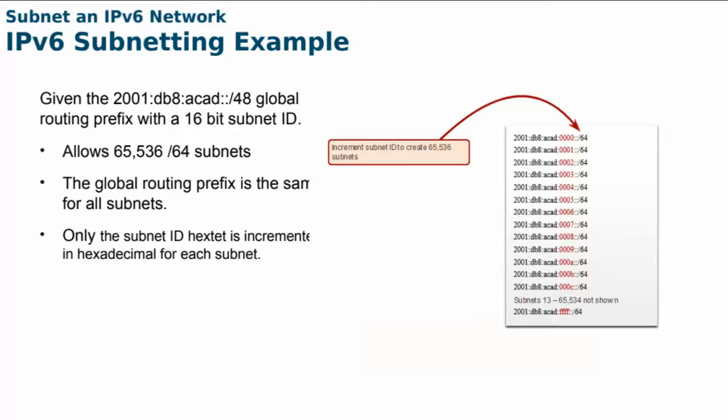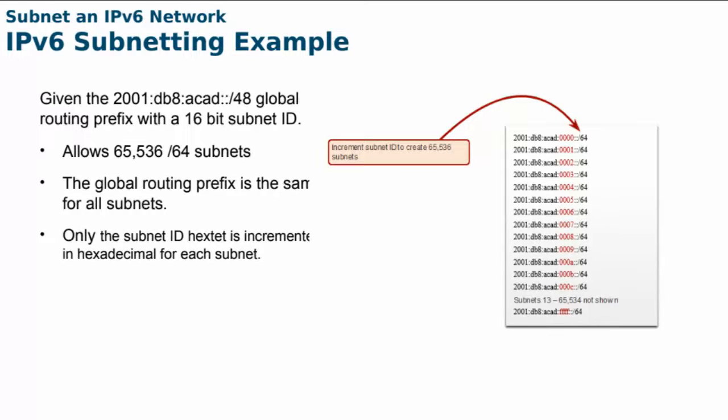This is an example. If you have a 16-bit subnet ID, it allows 65,000 subnets. You can use your calculator to check the numbers. The global routing prefix is the same for all subnets, of course.